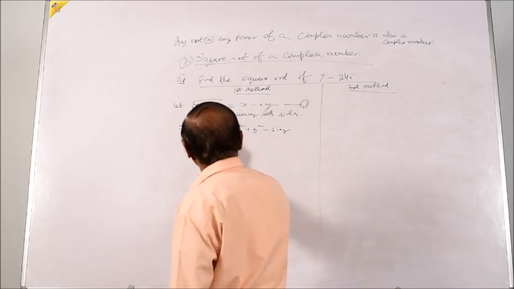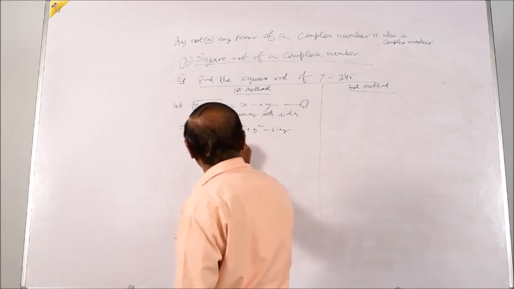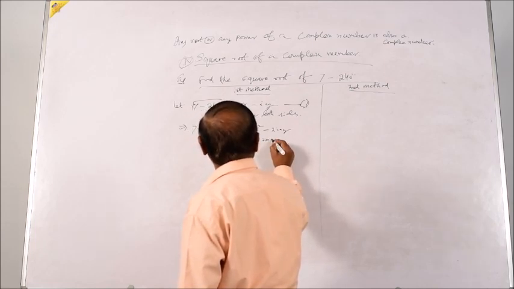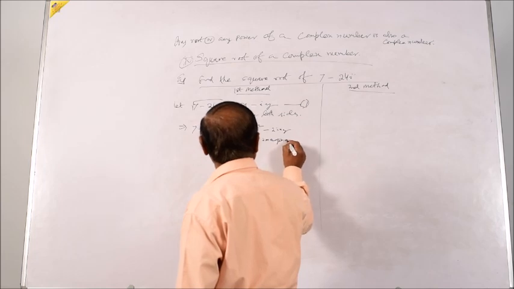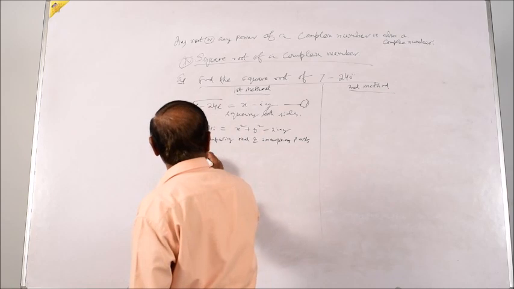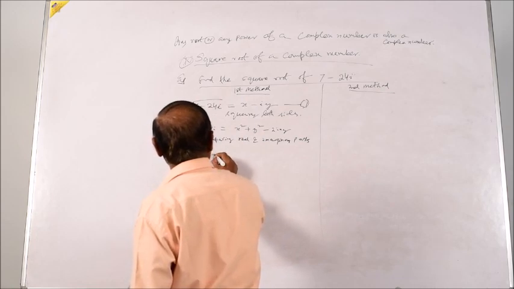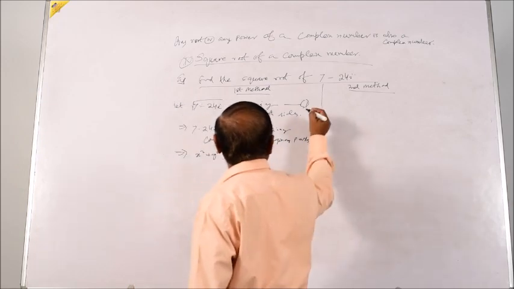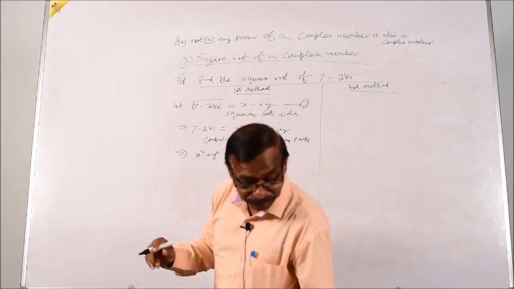Now, comparing by equating real and imaginary parts, this implies x square plus y square is equal to 7, right.